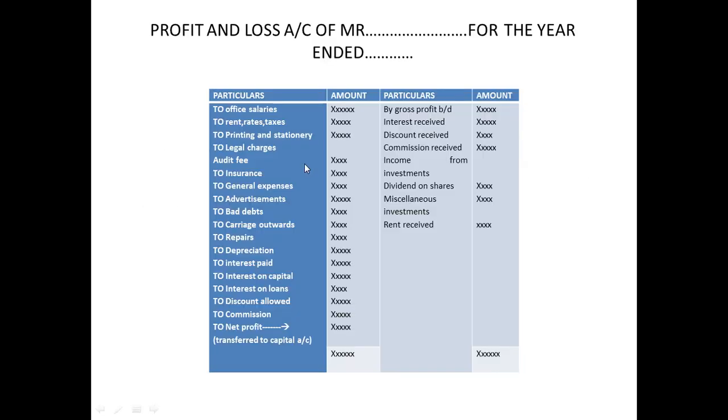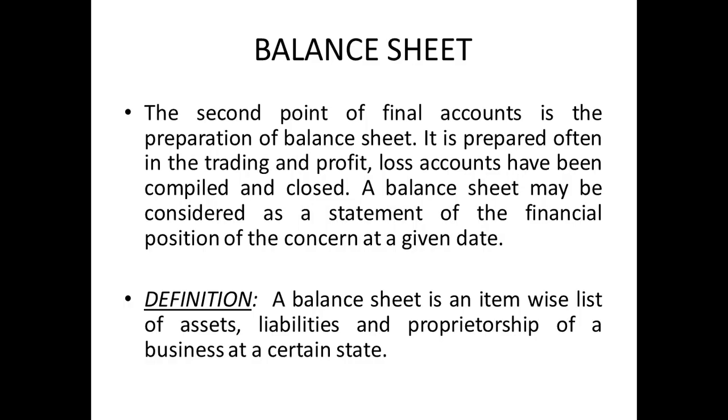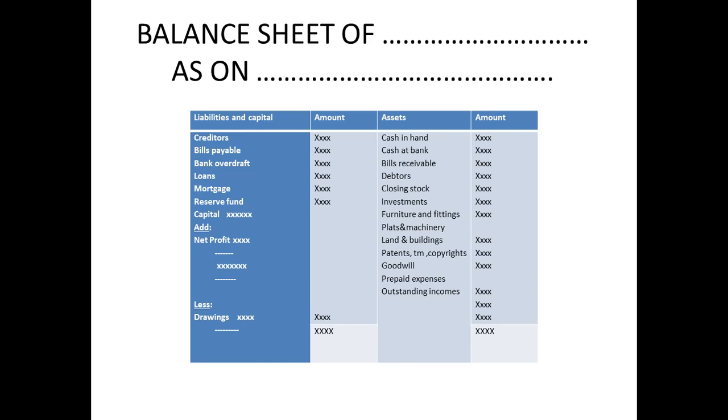Whereas profit and loss will be very much similar to office related items, like taxes, printing and stationery, legal charges. You are going to use these in the office, isn't it? So those will all come in the profit and loss account. Like if you received any interest or paid any interest, such items will also come in the profit and loss account. In the balance sheet, you take all the liabilities, capital and assets.